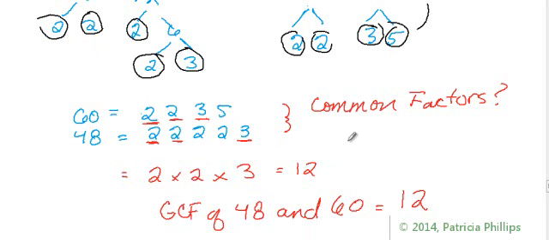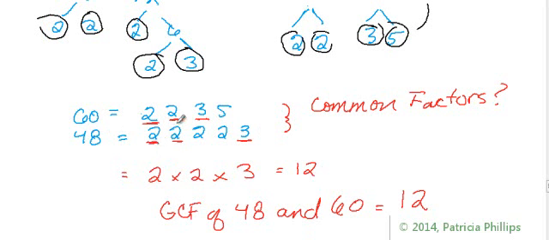Okay, so are there any common factors? Sure. Let's see if we can pair up some of these, and we'll pair up as many as we can and just ignore the ones that are left over. So from the number 60, this first 2 has a pair down there with the 2 in 48.